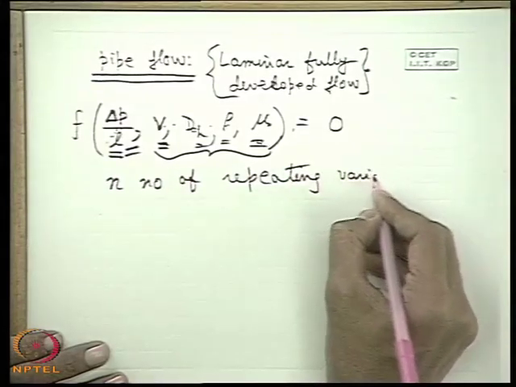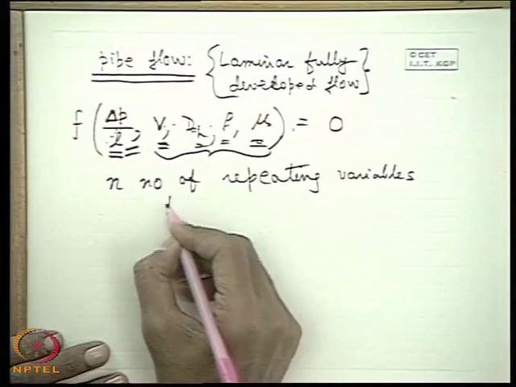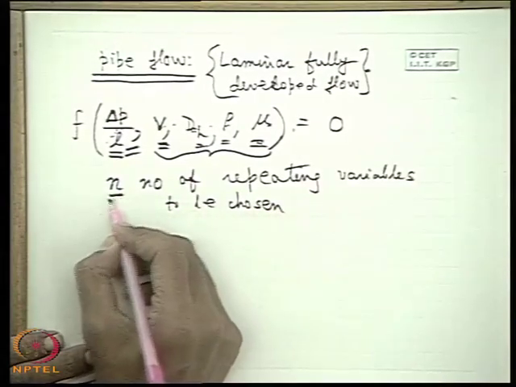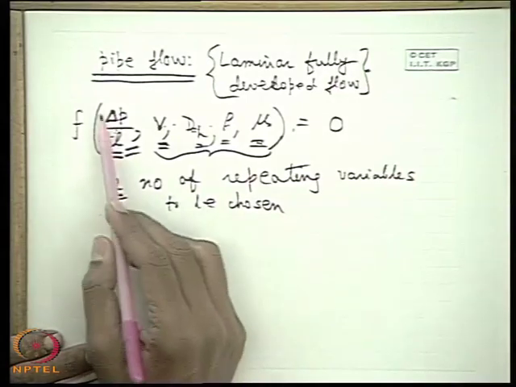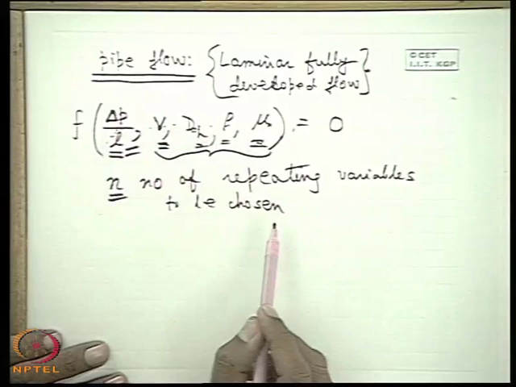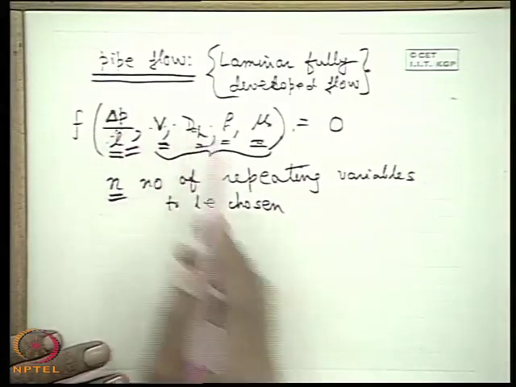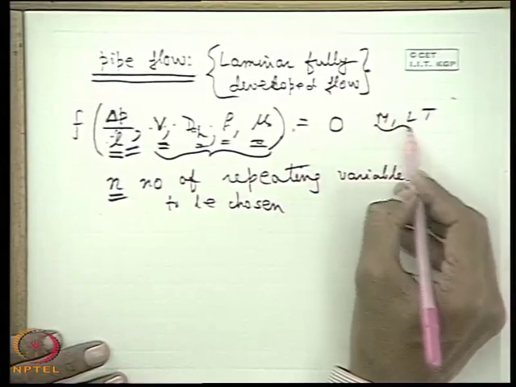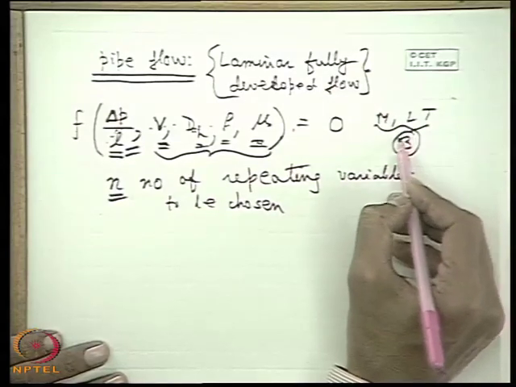Here n is the number of fundamental dimensions in which the variables have to be expressed. Now, here the variables are expressed in how many fundamental dimensions? All the variables are expressed in M, L and T. We require only 3 fundamental dimensions, not more than 3.